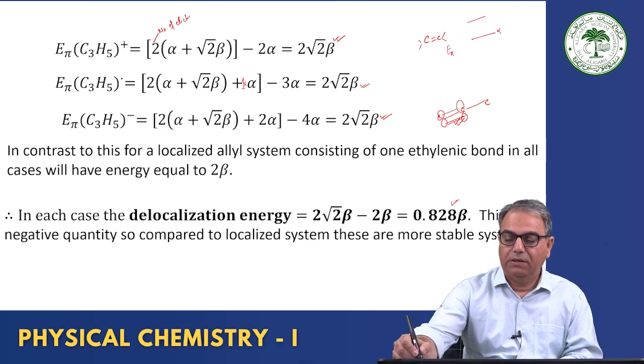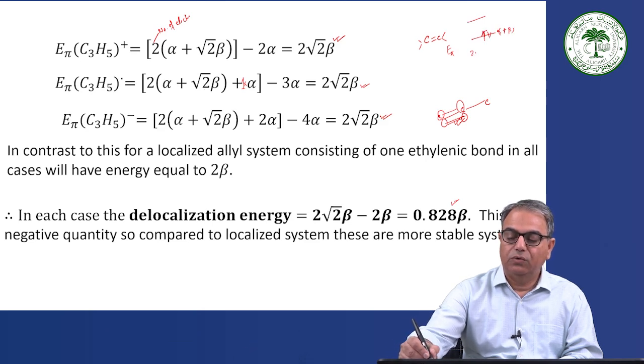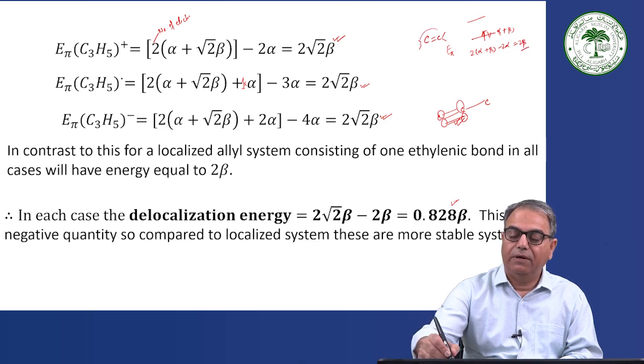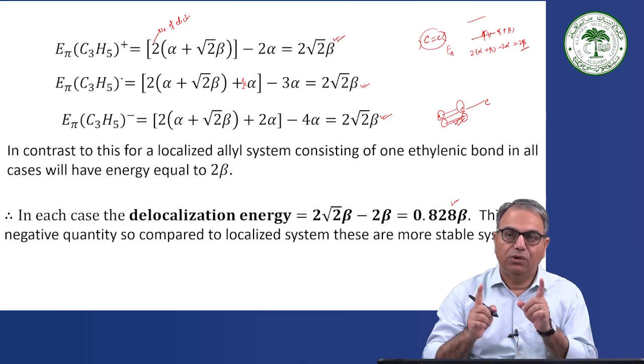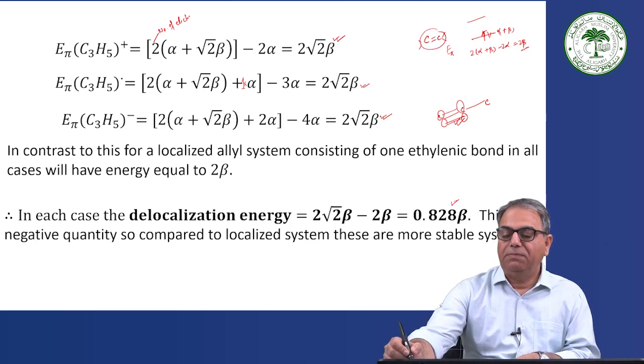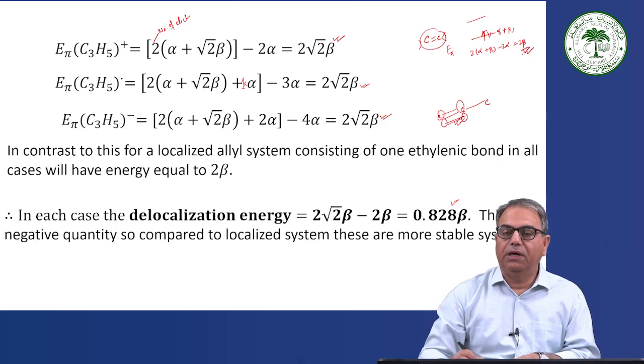Alpha plus beta, and 2 electrons you were having here. So, 2 into alpha plus beta minus 2 alpha has given you 2 beta. So, if the 2 pi electrons are localized on the 2 carbon atoms, the E pi energy which you get is 2 beta.